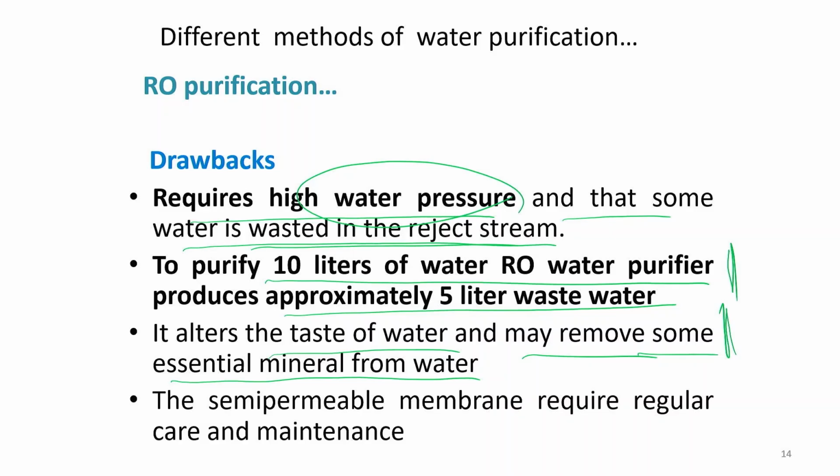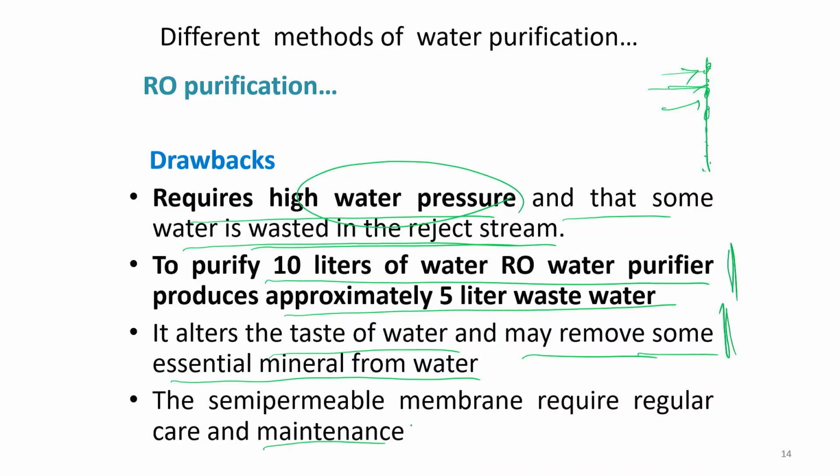And also the problem here is that the pore size is very small. For this there may be some damages that take place, and for that, membrane maintenance is very important. We have to replace the membrane frequently.